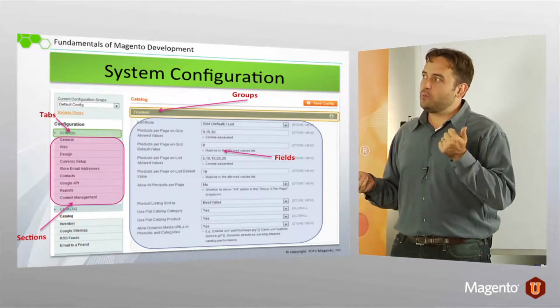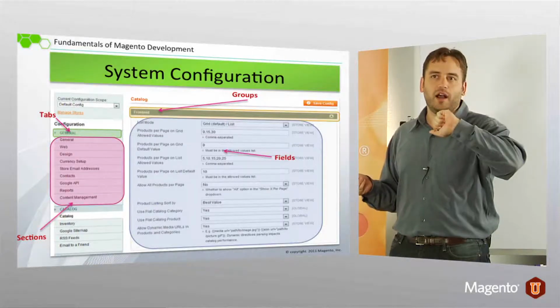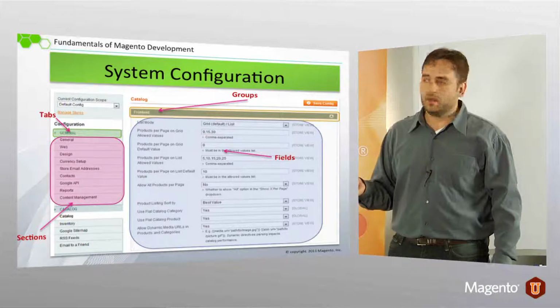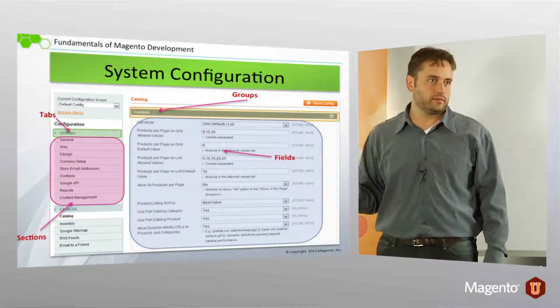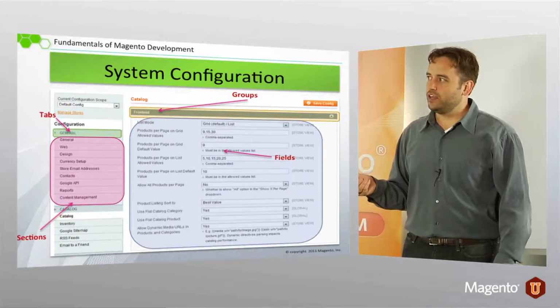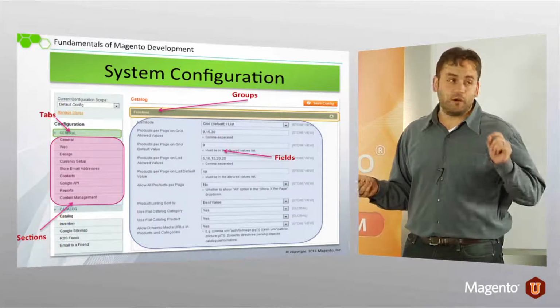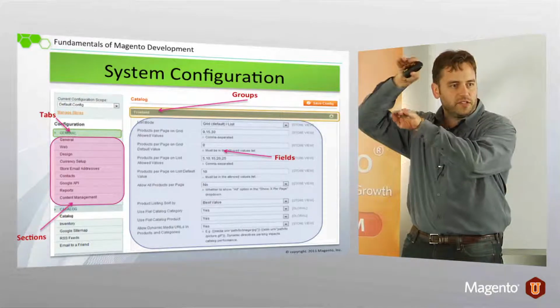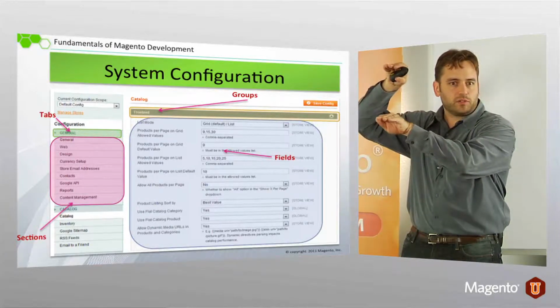At a high level in the structure, you have tabs. Tabs do absolutely nothing. They're just a container for different sections. Now, I said container, but tabs and sections are at the same level in the XML structure.